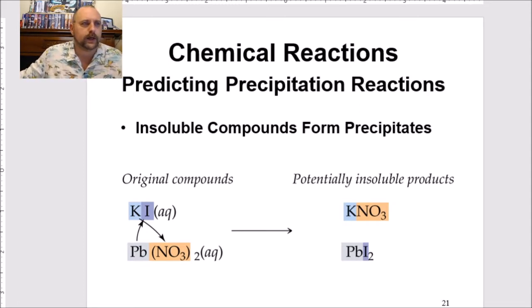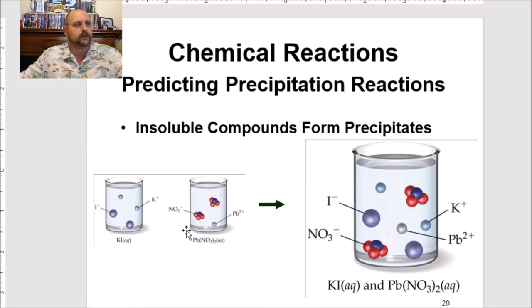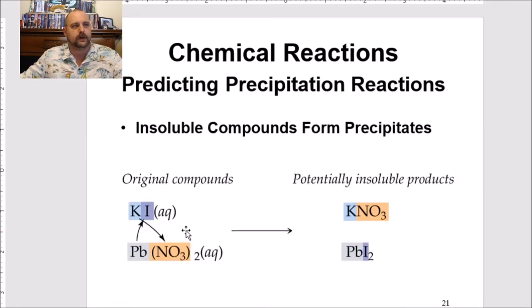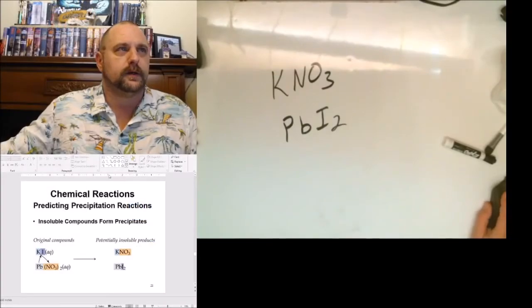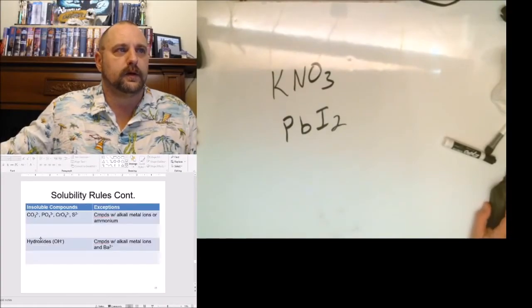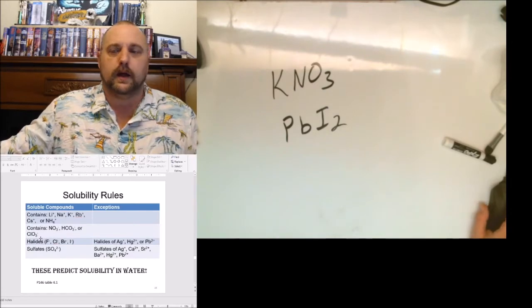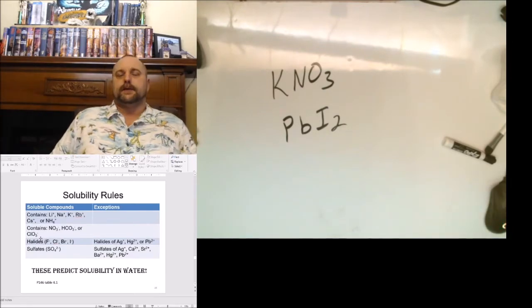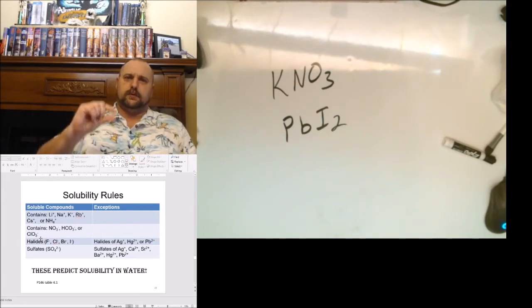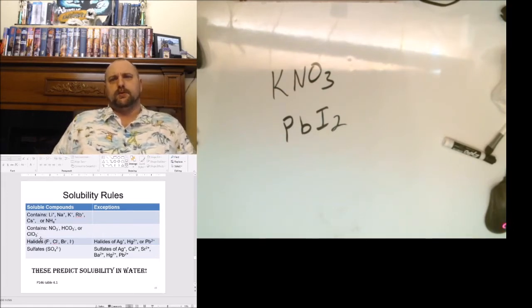So we're looking at our reaction here. We were looking at potassium iodide and lead 2 nitrate, trying to pick out which things are soluble. So as I'm looking at these, I'm going to apply my solubility rules, and want to keep in mind that these are not an extensive list of solubility rules, the actual little booklet of them that you could memorize, but we picked these because they're internally consistent.